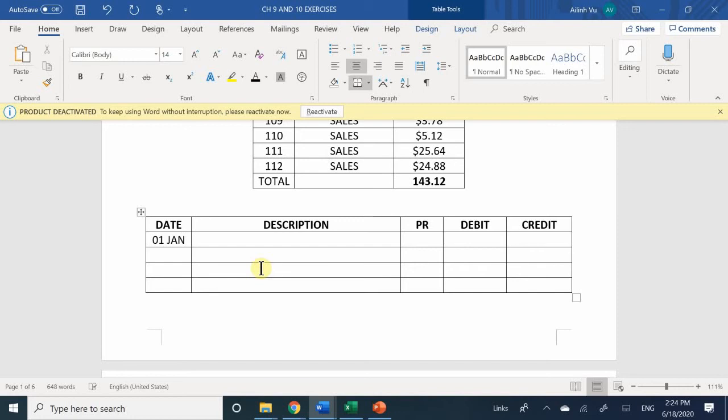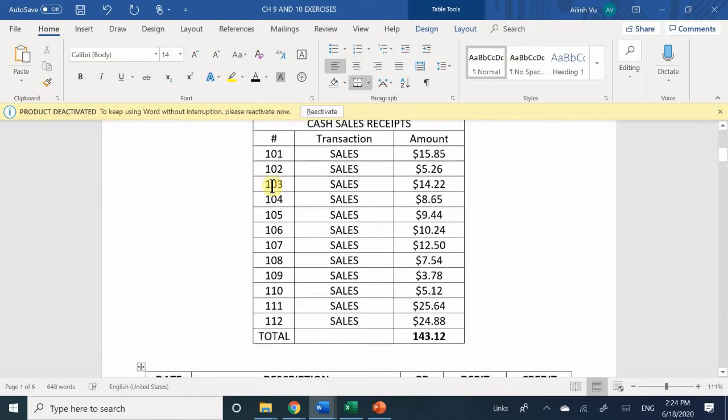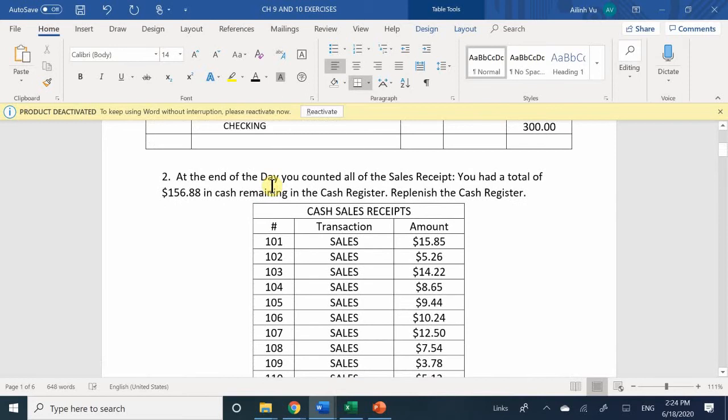So 1st of January. What are you going to call these? What are these called? Sales. Okay. You want to be careful if you use sales. The transaction does say sales, right. But what do you call these? Just cash sales receipts.